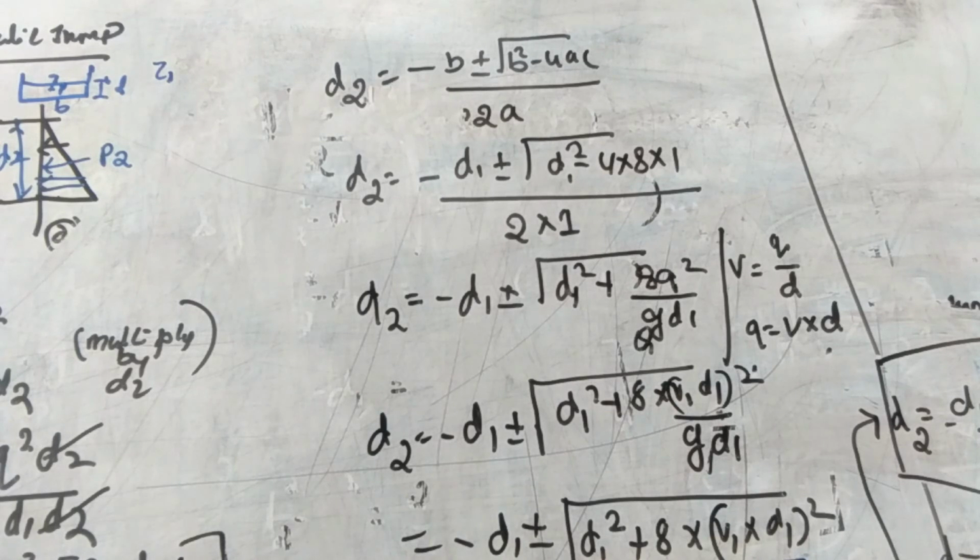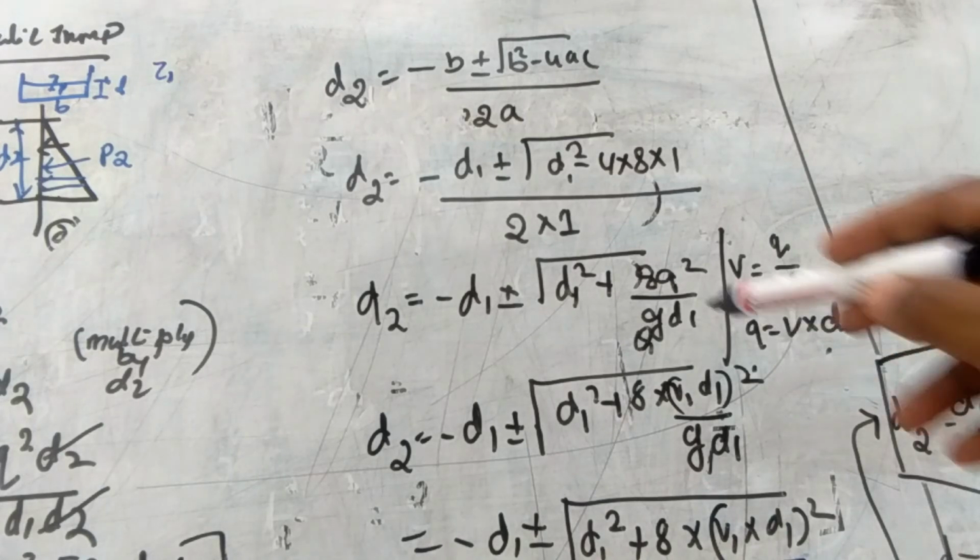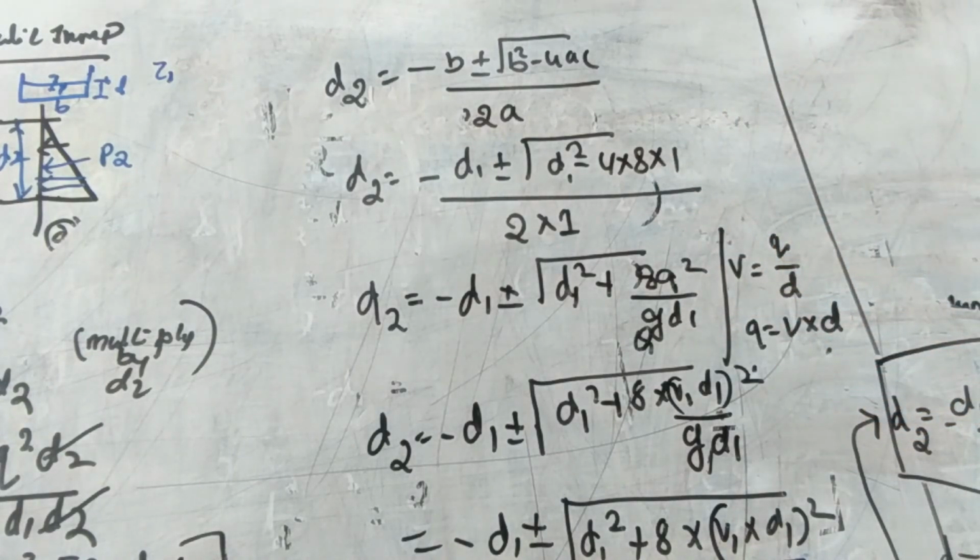Since v is equal to q by d, we have q equal to v into d. So 4 into 2 gives 8 q square by g d1. That is the final equation for the hydraulic jump.